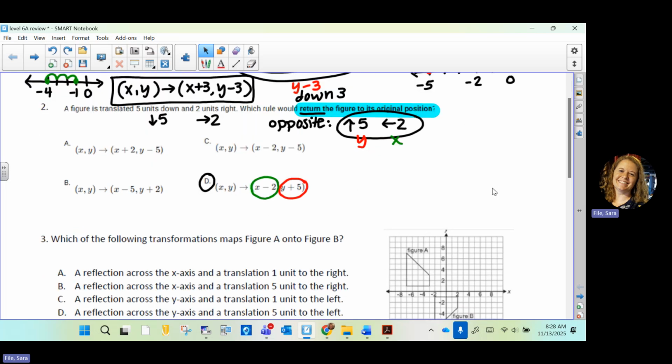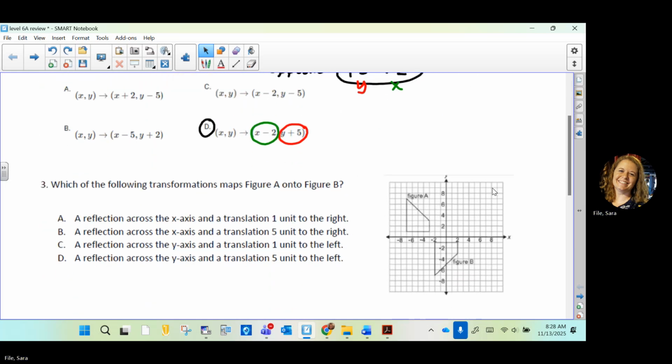Okay. Number 3, they say which of the following transformations maps figure A to figure B? Okay, so figure A is my pre-image. That's what I'm starting with. So I start here at the blue one, and then I go to figure B, this purple one.